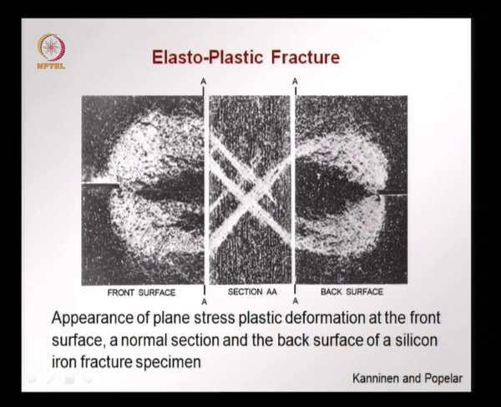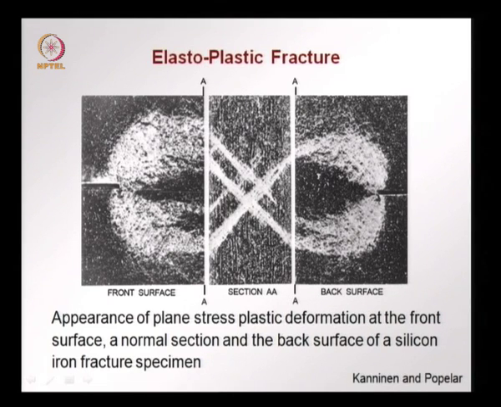This is shown in this picture of fracture occurring in an iron specimen. On the left we have the front surface, this is the crack or the notch that was made, and this is the plastic zone that is occurring in front of the crack. On the other surface, the back surface, again we see this is the notch, this is the crack tip, and this is the plastic zone.